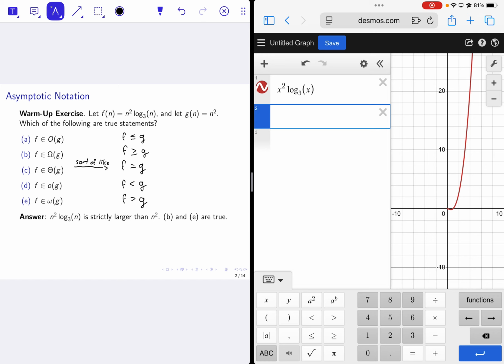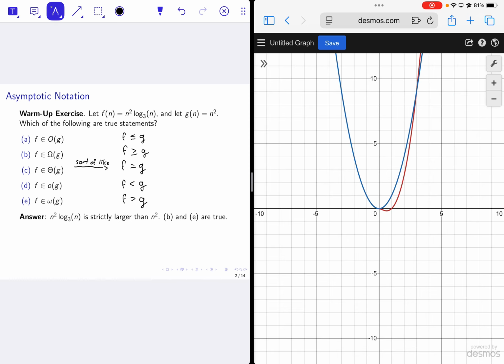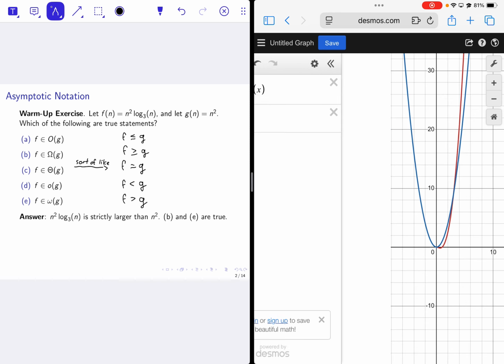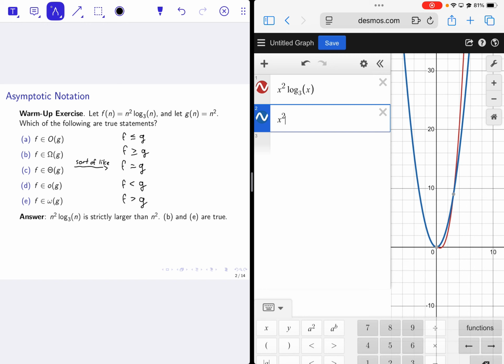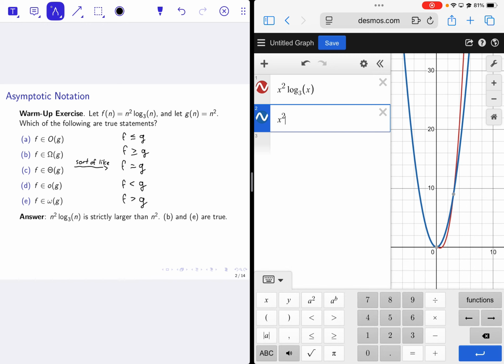Okay, we have our red function of x squared times log base 3 of x, and a blue function x squared. And for the sake of using the definitions of those bits of asymptotic notation, I'll add the constant multiple m.